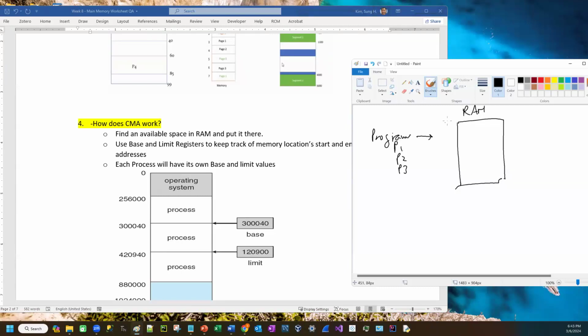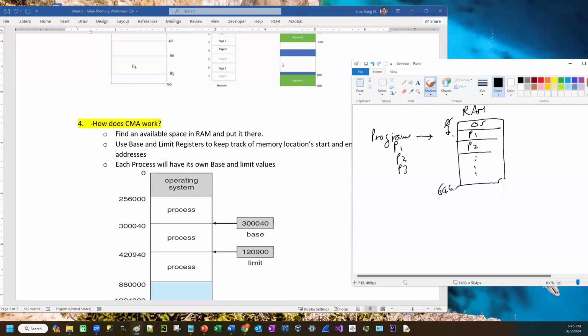So this is the logical address 0 and so on, the 64 gig or whatever, right? Maybe here is the OS, and when P1 comes in, we'll just put it right here. When P2 comes in, we'll put it right here. So we'll go like that, okay? So that's doing it in a contiguous way.